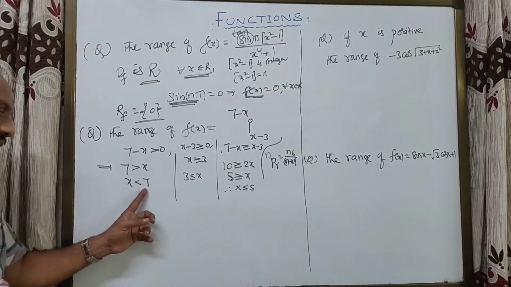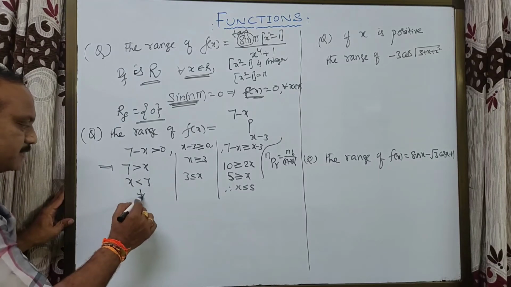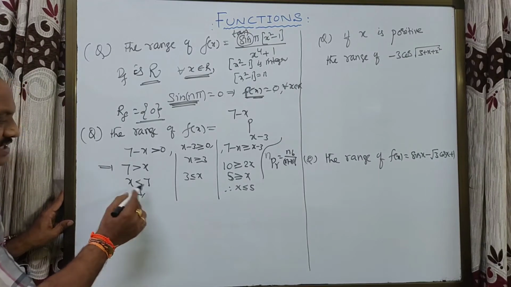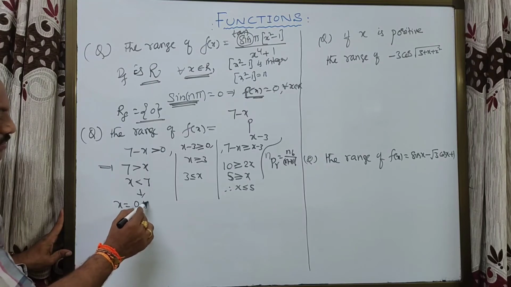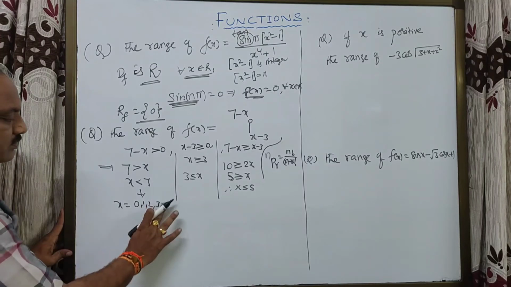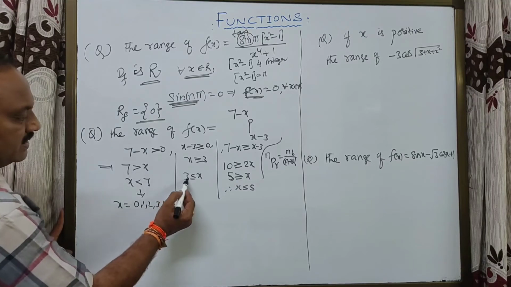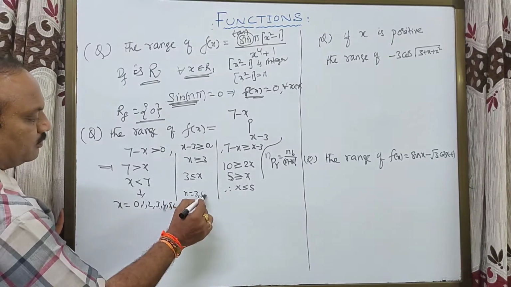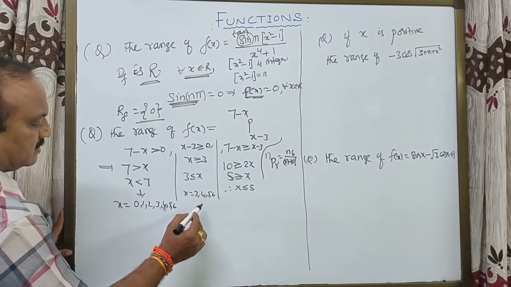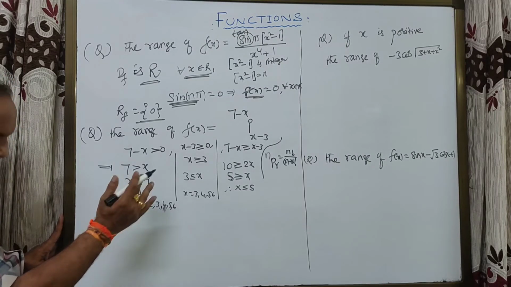Here x is less than 7, which means you take 0, 1, 2, 3, 4, 5, 6. Here x is greater than or equal to 3, so you take x equal to 3, 4, 5, 6, below 7 only.